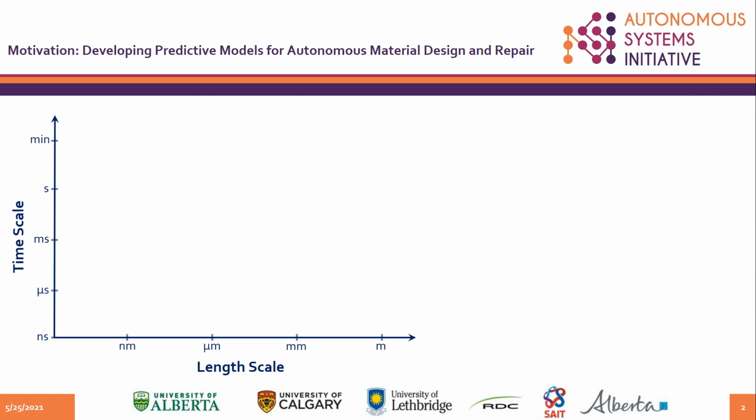In this slide, I want to show you a summary of the experimental and numerical efforts that we take in our research group to analyze and investigate the behavior of metal matrix composite coatings. On the left, you can see the figure mapping out the time scale versus length scale.